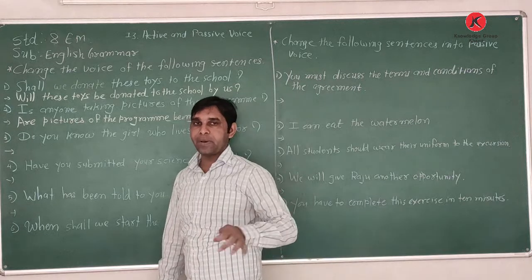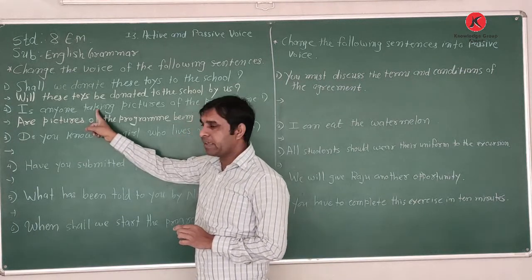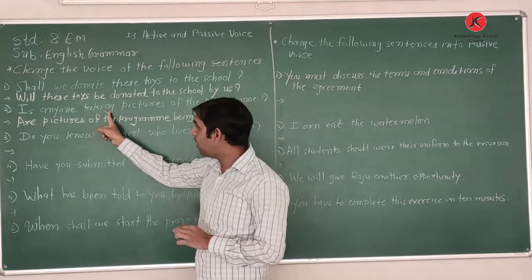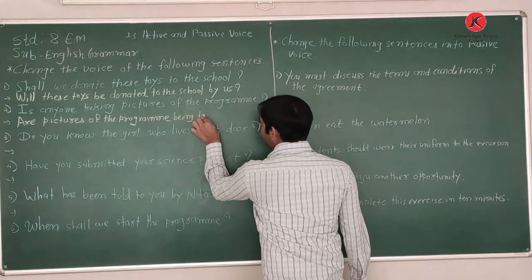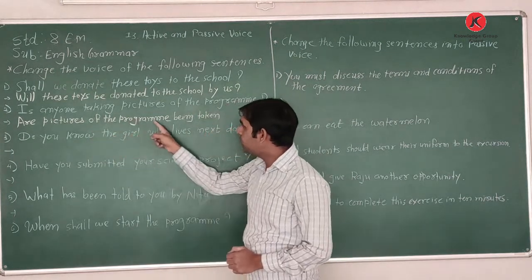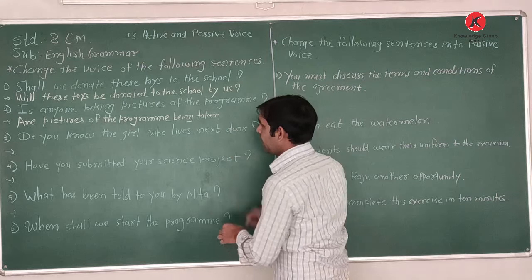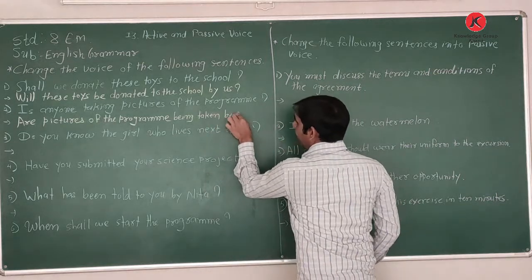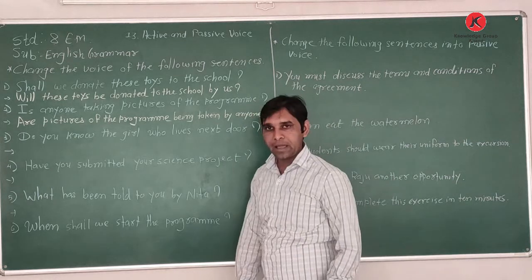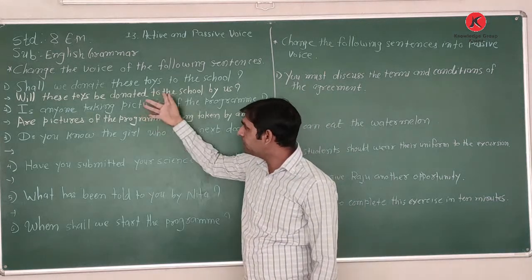Then the past participle. Take is the main verb, taking in the continuous tense, and the past participle is taken. Are pictures of the program being taken by anyone? Question mark. So we are done with two.